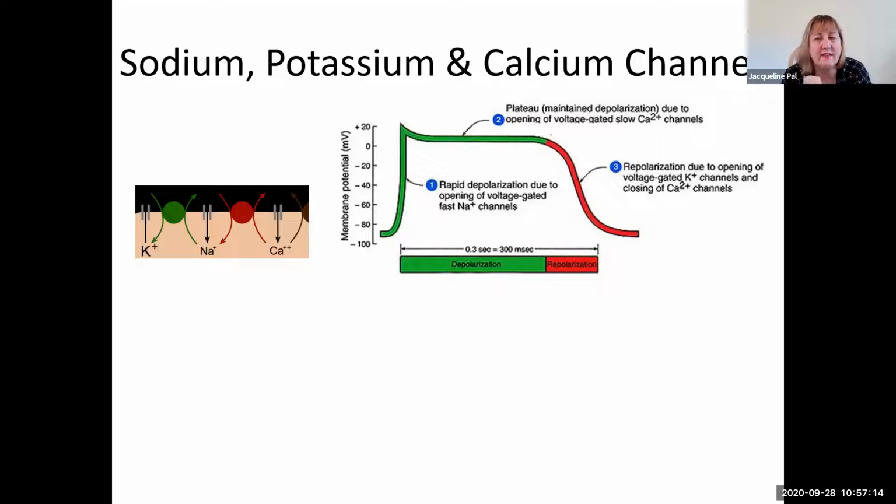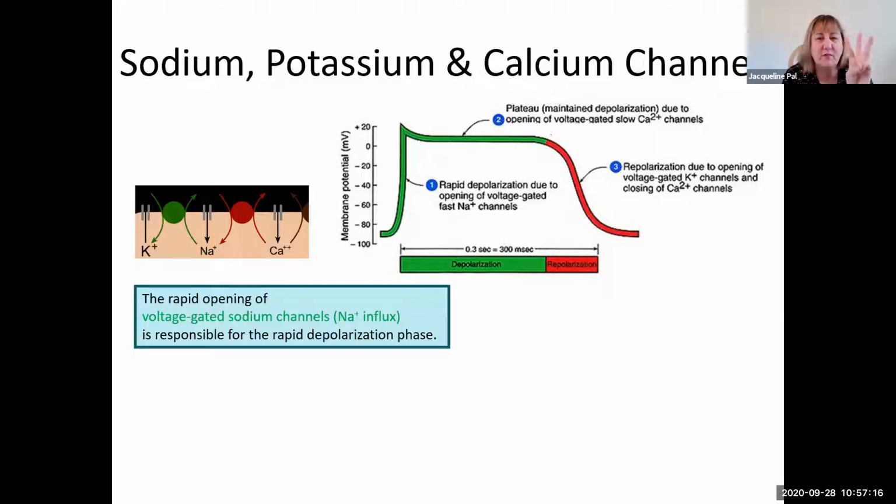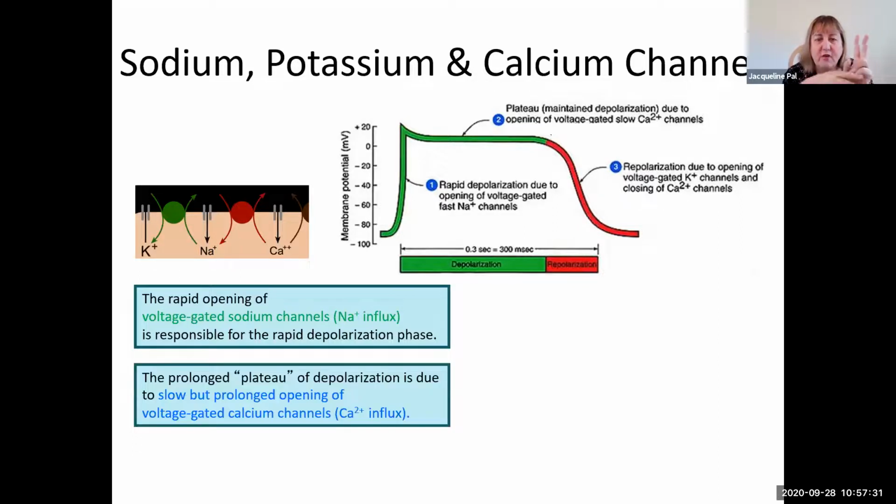Unlike skeletal muscle, there are 3 parts to the cardiac muscle contraction. The first part is the rapid opening of the sodium channels, giving us a rapid depolarization. The second component is the plateau, which is a prolonged depolarization due to the prolonged opening of the voltage-gated calcium channels.